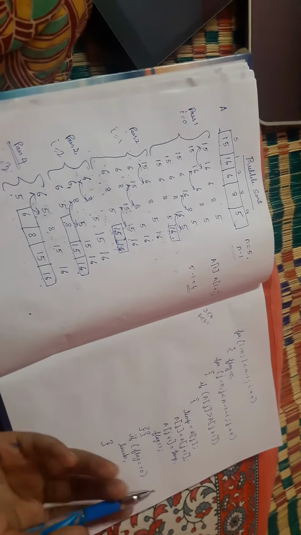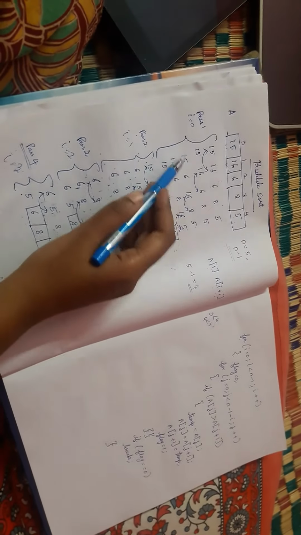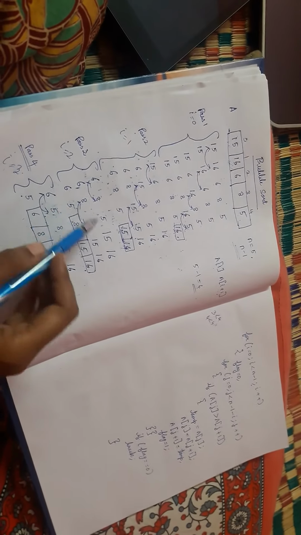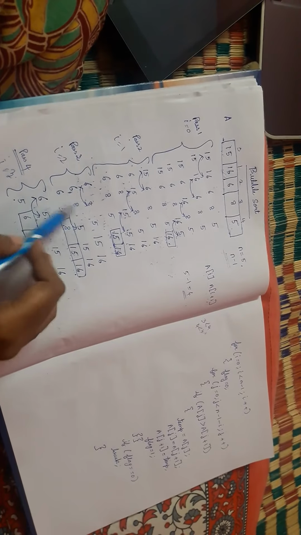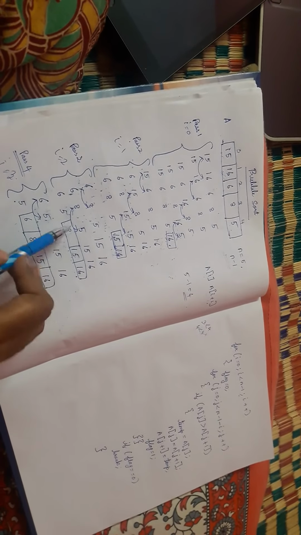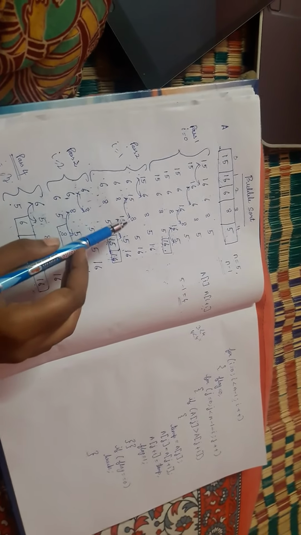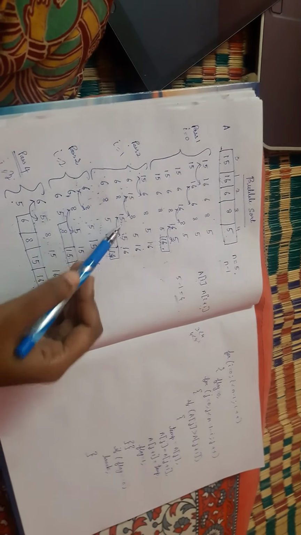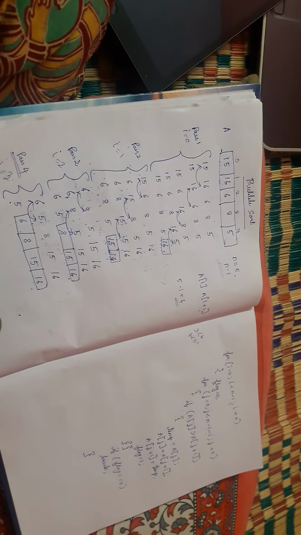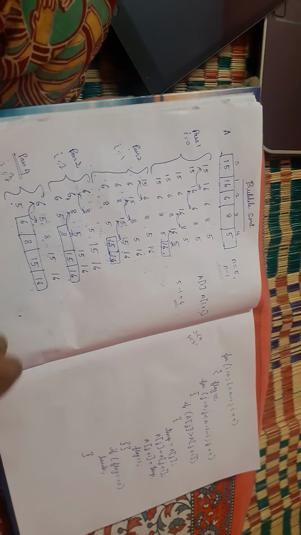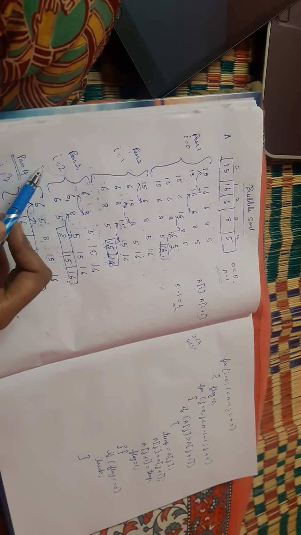For your better understanding, and to see how the shift operations work, in these steps the swapping operations are being decreased in passes 1, 2 and 3. So for better understanding, I will take i is equal to 2.